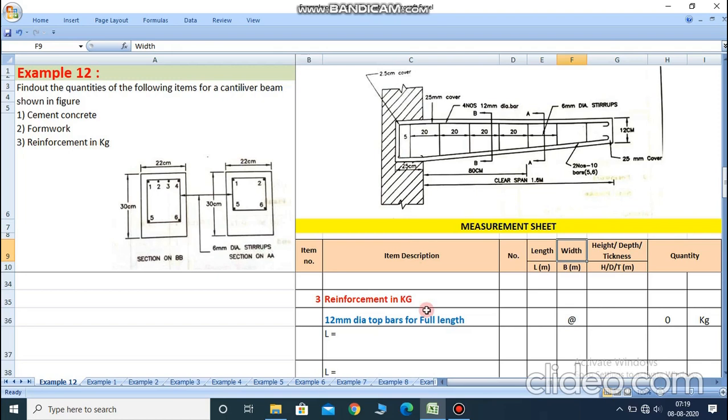Now for finding out the reinforcement in kg, first type of reinforcement provided is 12 mm diameter top bar for a full length. So here this top bar, 12 mm diameter, is provided. See this 12 mm diameter, 4 numbers of the bar is provided.